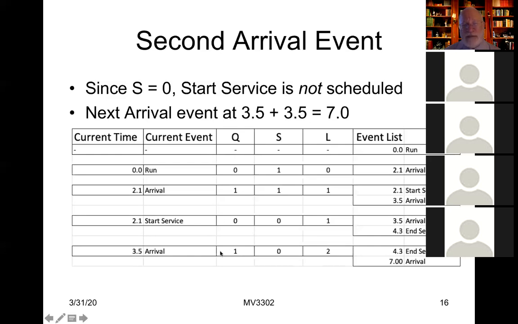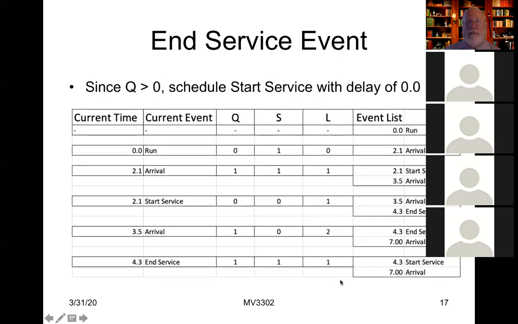So we do not schedule the start service event when an arrival occurs and S is 0. But we do schedule the next arrival event, and it's now 3.5. Actually, by coincidence, the next inter-arrival time was also 3.5.